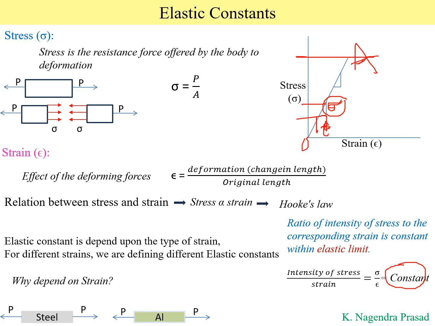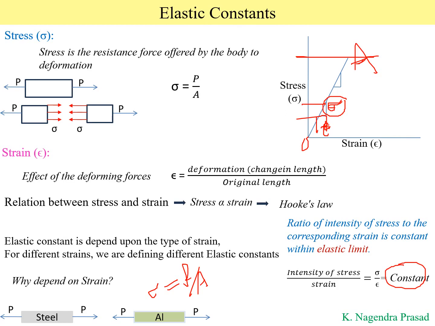Then the stresses generated in the two bodies will be the same. Why? Stress does not depend upon the material properties. It always depends on how much load we are applying and what the cross-sectional area is. So the stress in the two bodies is the load divided by the cross-sectional area. It does not depend upon the material property, but the amount of strain or deformation will be different for the two different bodies.